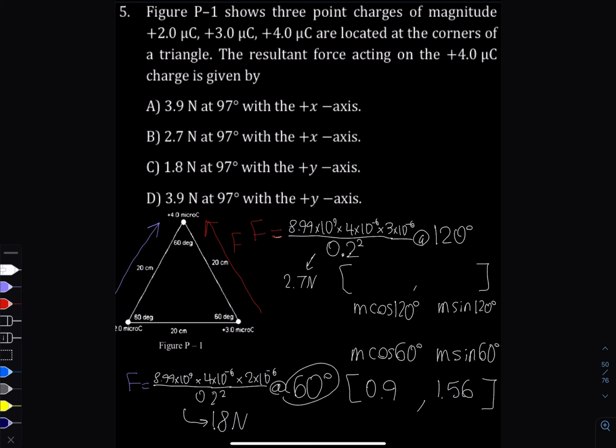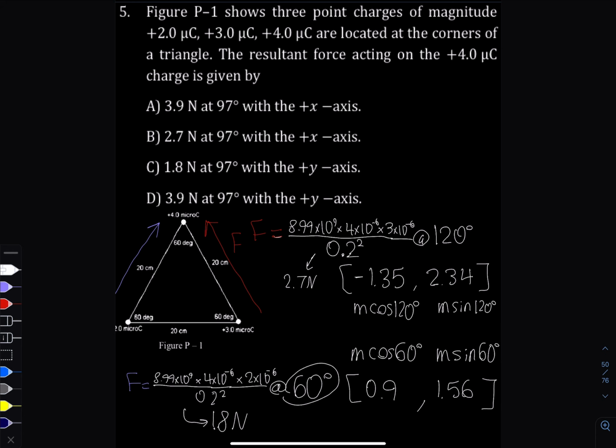So now if we multiply 2.7 newtons by cosine of 120, we actually get negative 1.35 newtons. And if we multiply 2.7 newtons by sine of 120, we get 2.34 newtons.